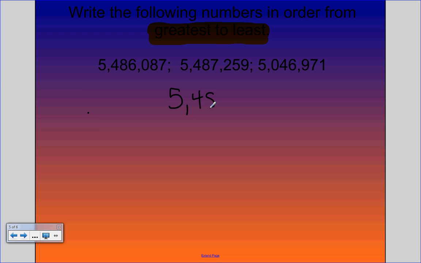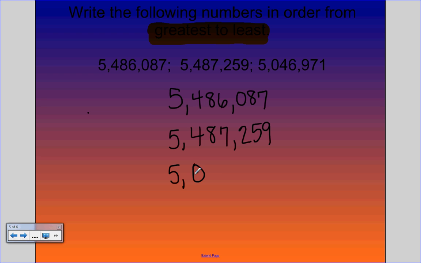You are going to line up your decimals, you're going to line up your numbers vertically. Alright, they're lined up vertically, so let's compare.